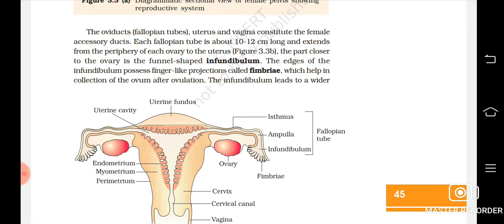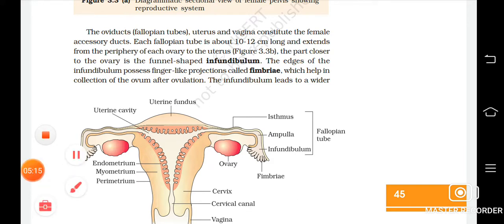Now if you see the oviduct, what is the other name for the oviduct? The fallopian tube. Each fallopian tube is 10 to 12 centimeters long, extending from the periphery of each ovary to the uterus.